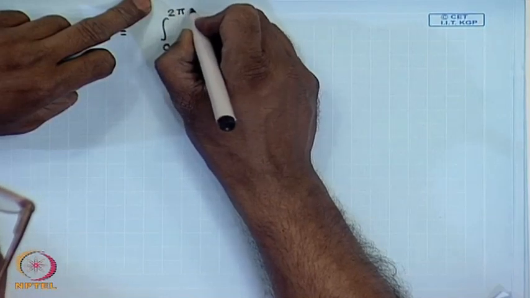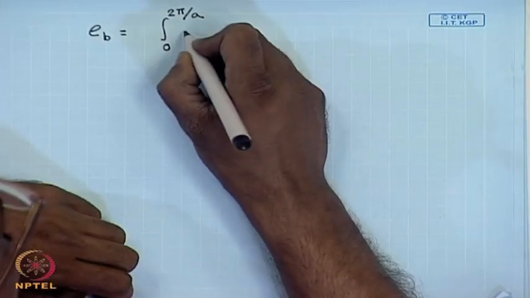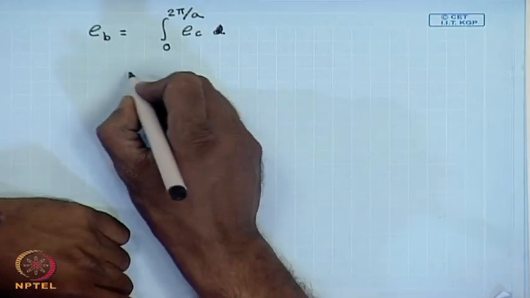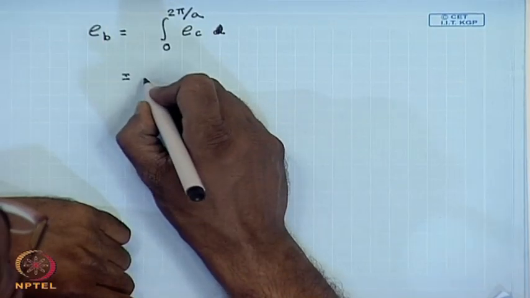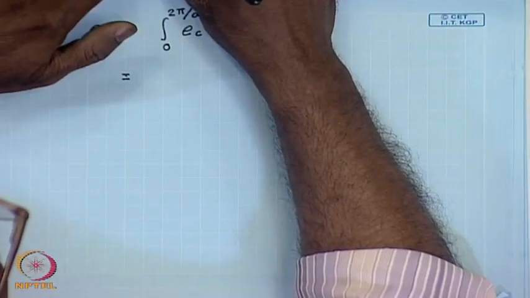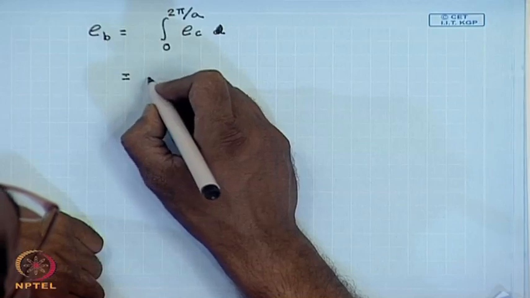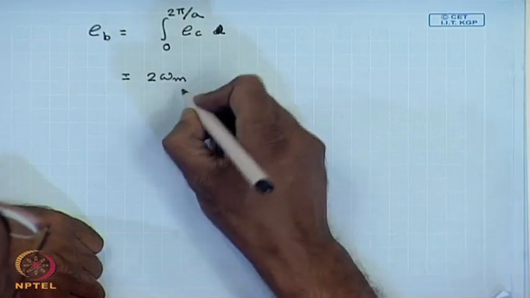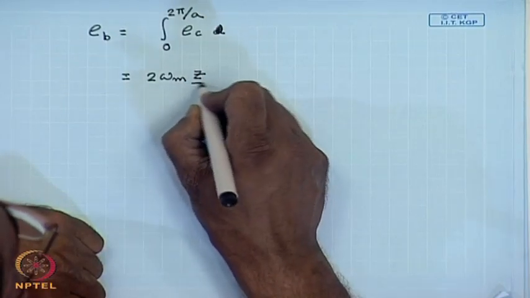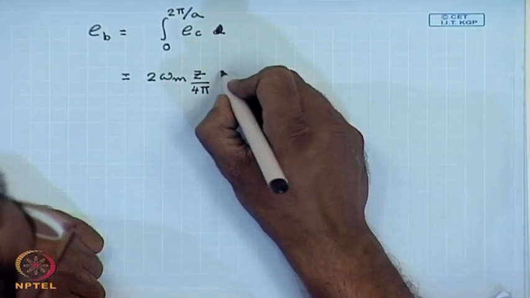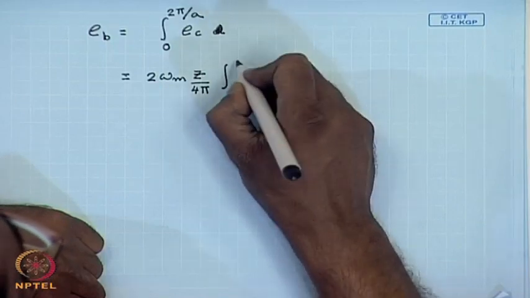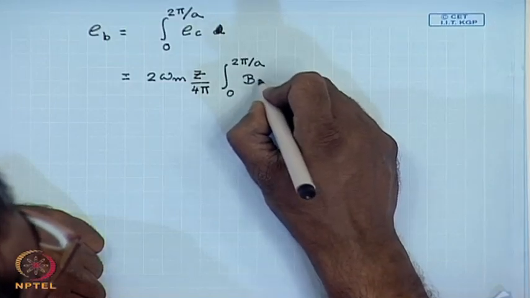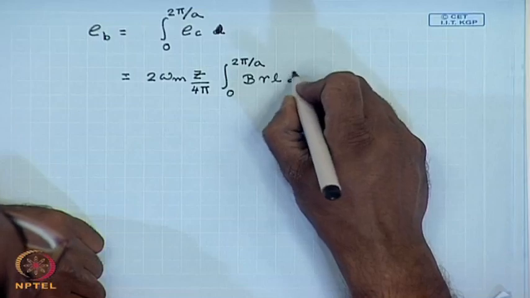This is equal to 2 omega m Z by 4 pi integral 0 to 2 pi by A of B r L d theta.